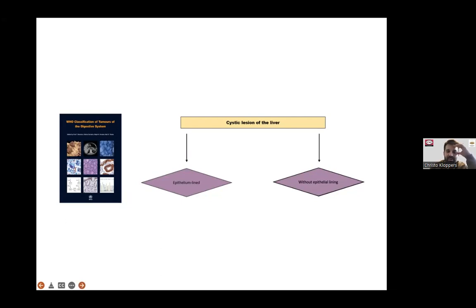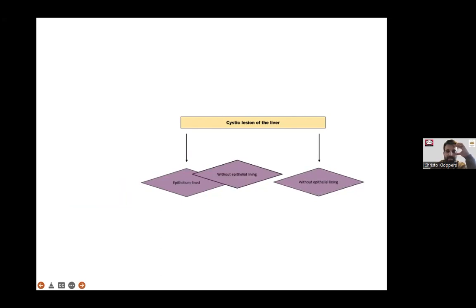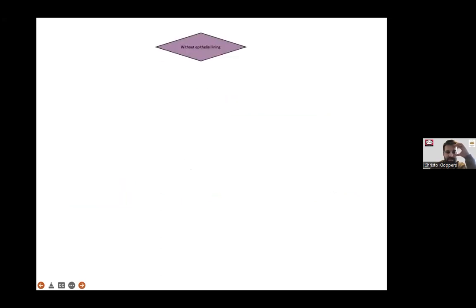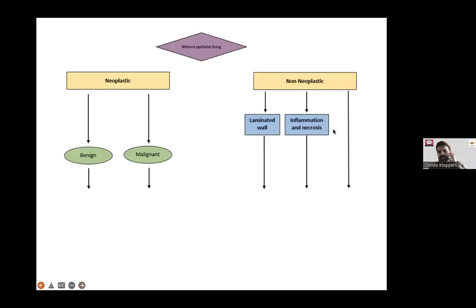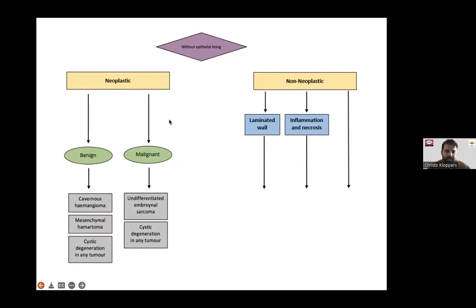I will look at the cystic lesions of the liver, and they first divided epithelium-lined and without epithelium. So we'll go to the one side first, epithelial-lined tumors, and they could be then neoplastic or non-neoplastic. Remember, this is a pathological classification. On the neoplastic side, on the malignant side, it could be undifferentiated sarcoma.